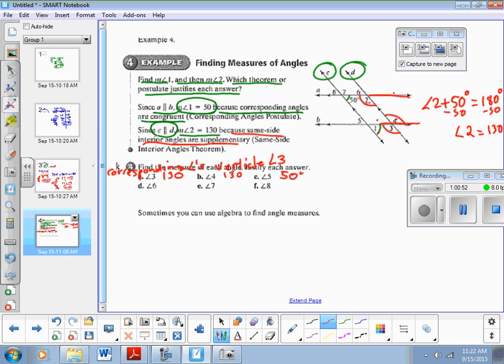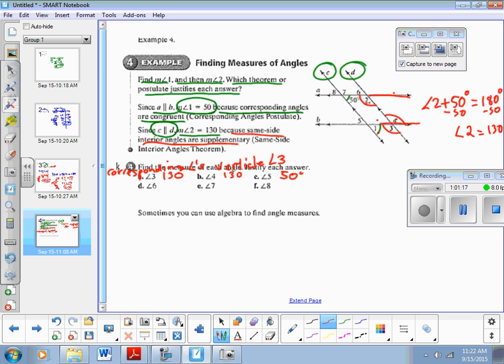Do you know that angle 8 and angle 7 have something that you can relate them to, angle 8 and 7? They both add up to equal 180. So if angle 8 is 50, angle 7 has to measure 130. Has to.